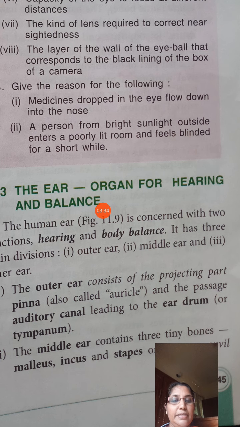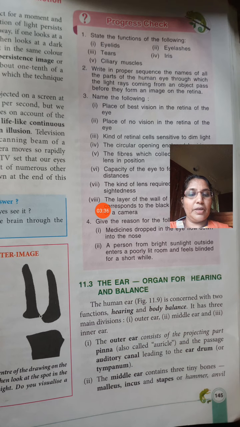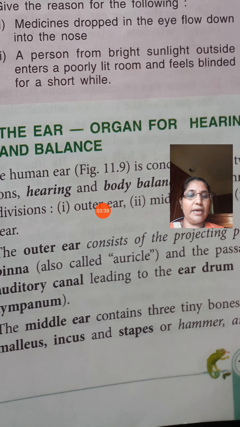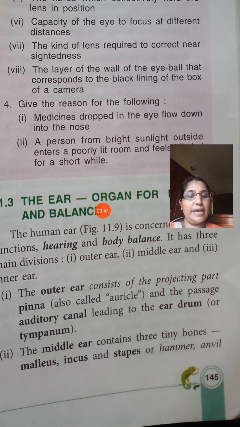Then the second part, the middle ear. The middle ear contains three tiny bones. These three tiny bones together are known as the ear ossicles. Each of these bones has a particular name, that are malleus, incus, stapes.